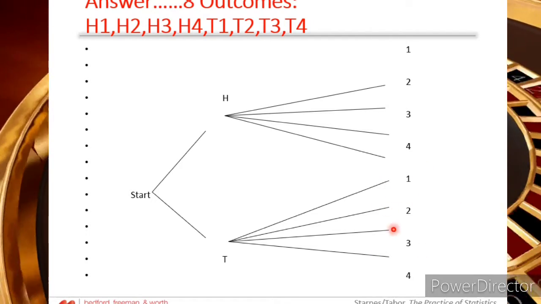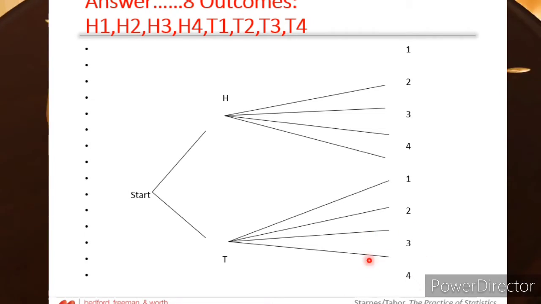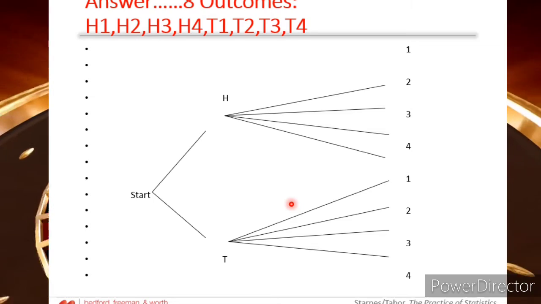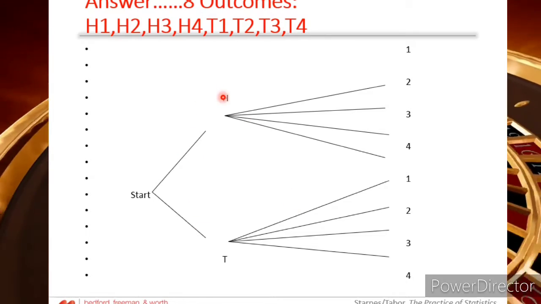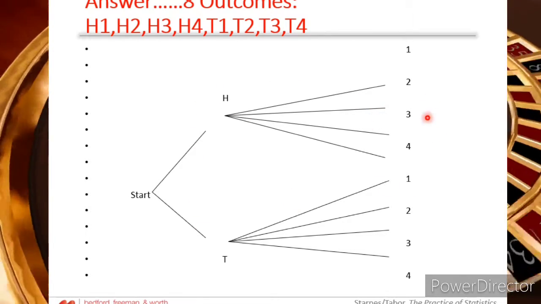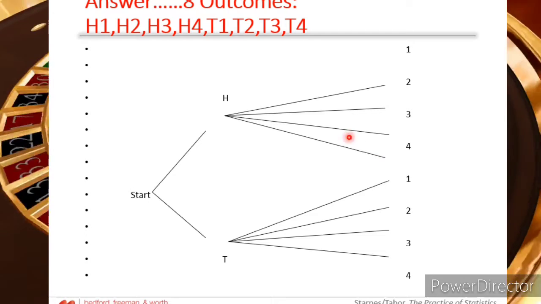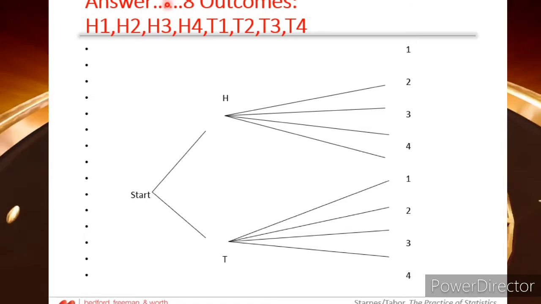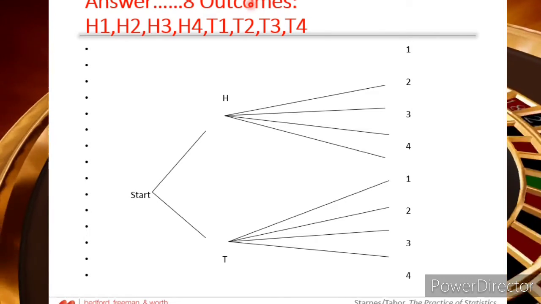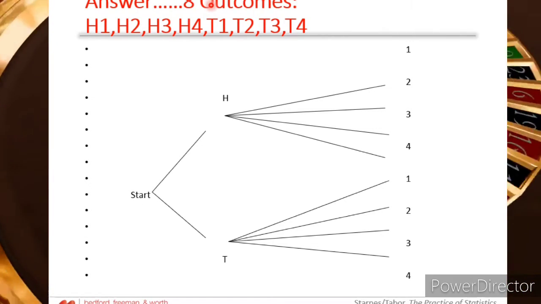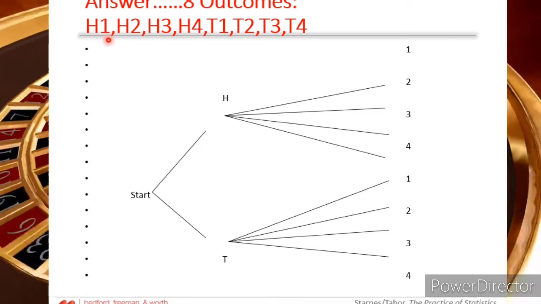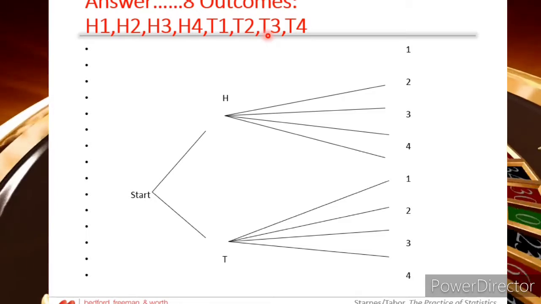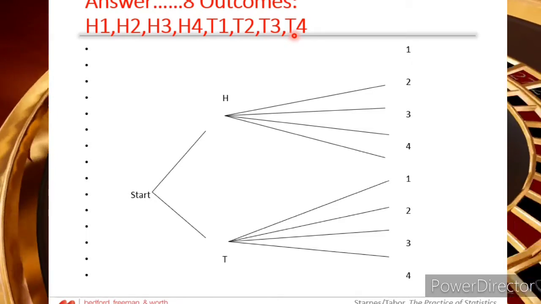So, pwedeng lumabas ay 1, 2, 3, or 4 sa spinner natin. So, again, ano ang ating event? You toss a coin and you spin a 4-section spinner. Ilan ang outcomes? 8. So, ano ang sample space? Dapat 8 siya. So, the sample space are head 1, head 2, head 3, head 4, tail 1, tail 2, tail 3, and tail 4.